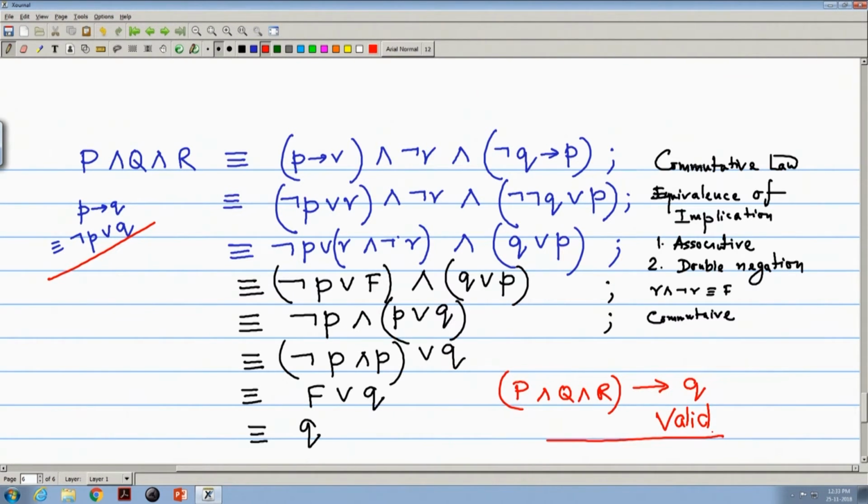Now, we see that to check the validity, we have used the propositional equivalence as well as the laws of logic.